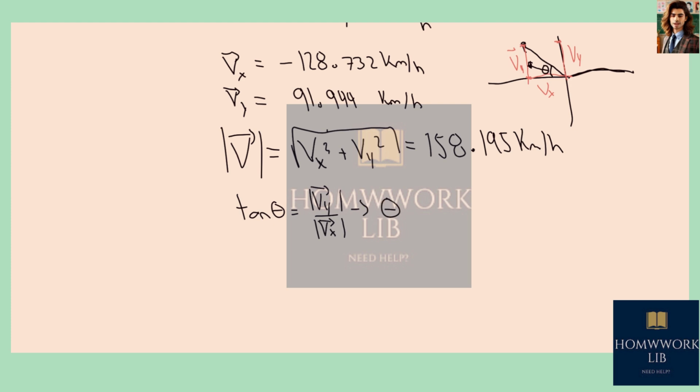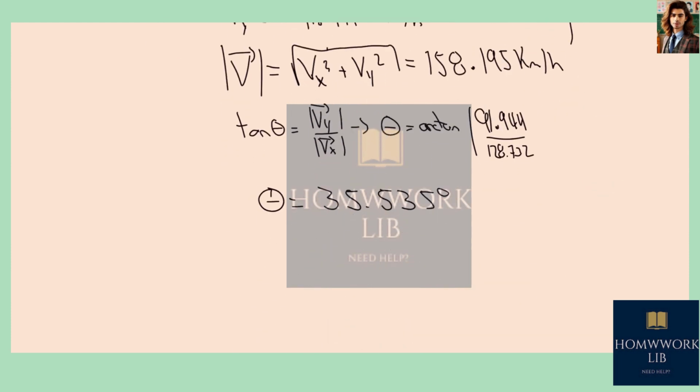So from here, theta is going to be equal to the arctangent of 91.944 divided by 128.732. So the angle theta is then 35.535 degrees.